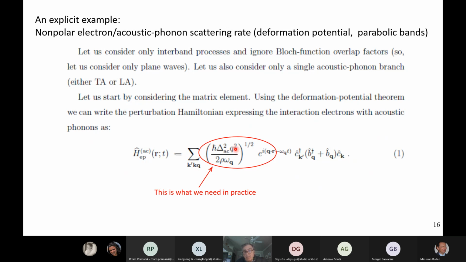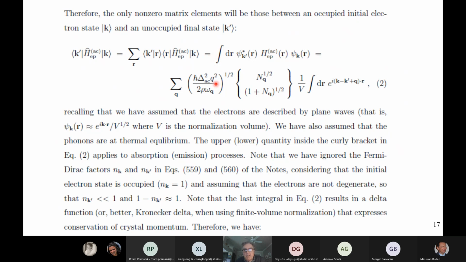And the factor would be the displacement of the ion, the h bar divided by 2 rho omega, multiplied by the strength of the interaction, which is the deformation potential. Everything to the 1/2, eventually we'll have to square it, so the square root will disappear in dealing with the scattering rate. So this is what we have, and this will come in simply in the integral that we'll have between initial and final states.